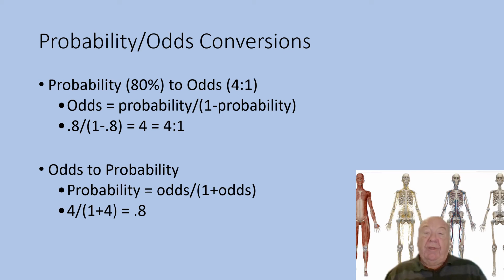Now you can do these by hand, and it's not a difficult calculation. Or you can use a nomogram, which we'll talk about a little later, where it's basically done for you. And it also additionally helps in the form of including your prior odds of a thing happening. So it's not necessarily for you to do this, but it's just as well that you would understand how it's done.